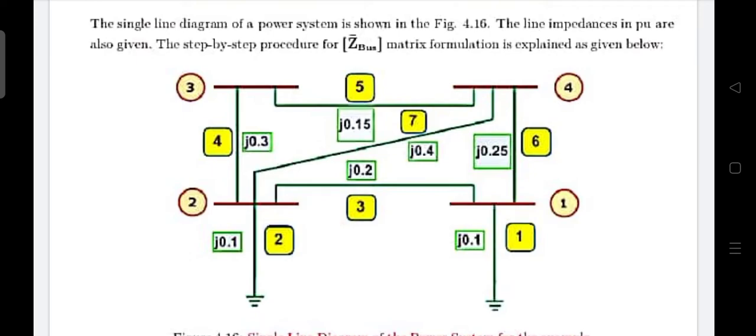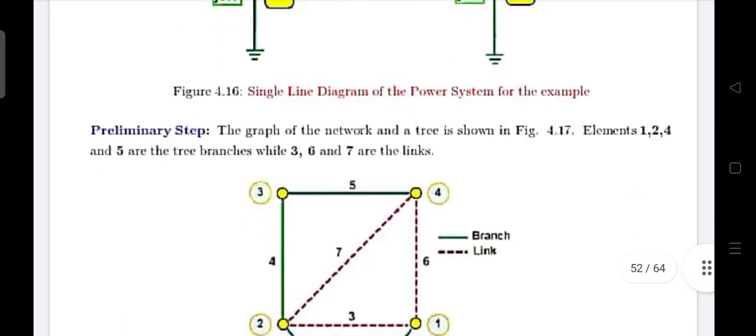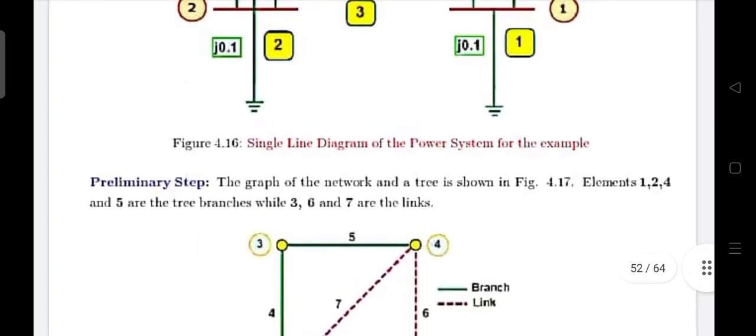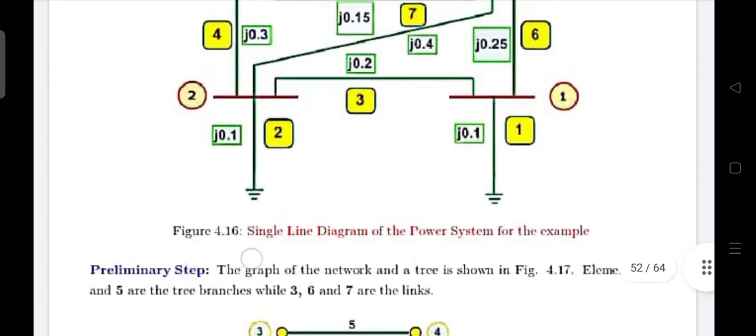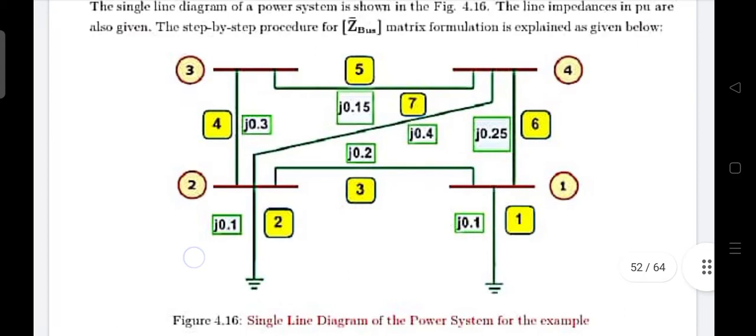So let's start with step 1. We have 4 modification types. To start building this system's impedance, we take the graph of the network and a tree. We will first make the tree from this system, so we can obtain the branches and links.